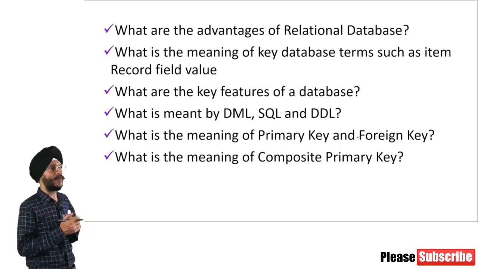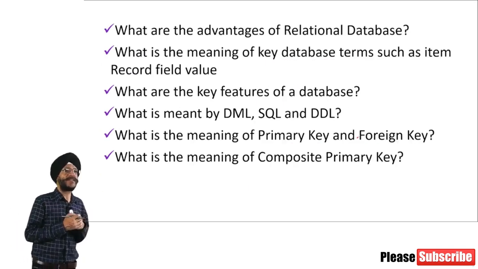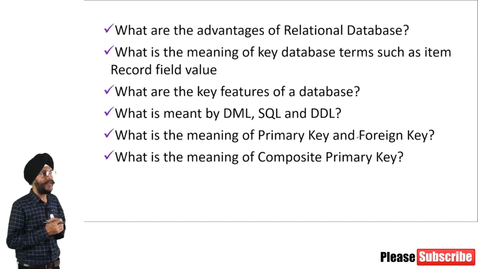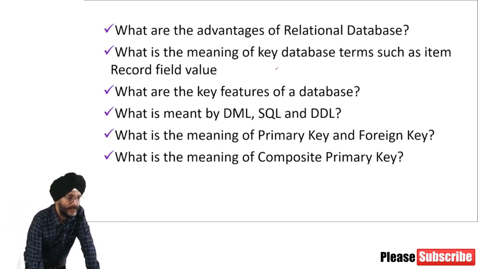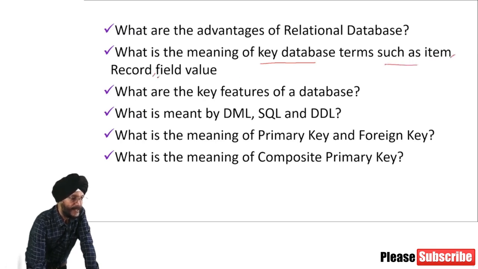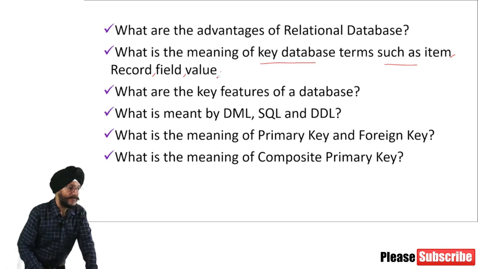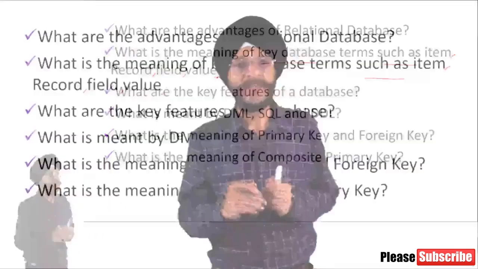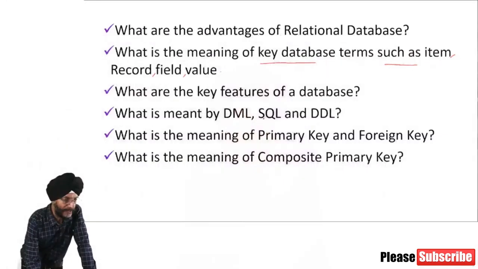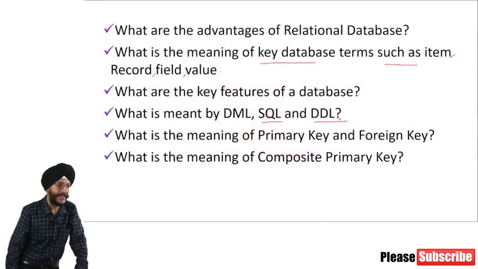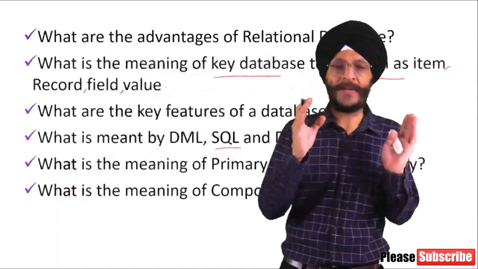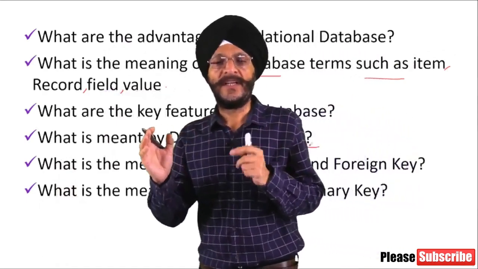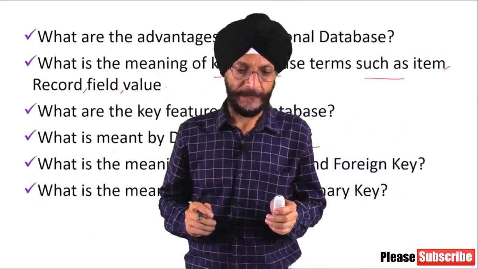The students will also understand the benefits of relational database and what is the meaning of key database terms such as item, record, field, and value. The students will also understand what are the key features of database, what is the meaning of DML, SQL, and DDL, what is the meaning of primary key, foreign key, and composite primary key.